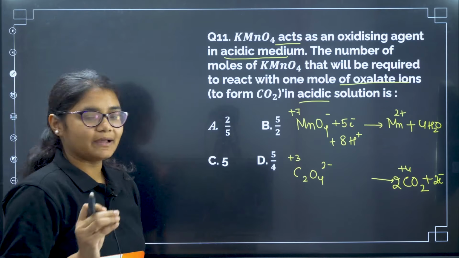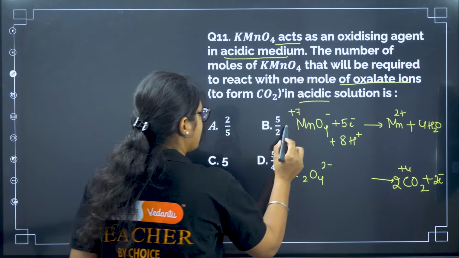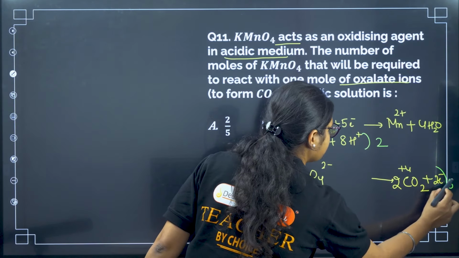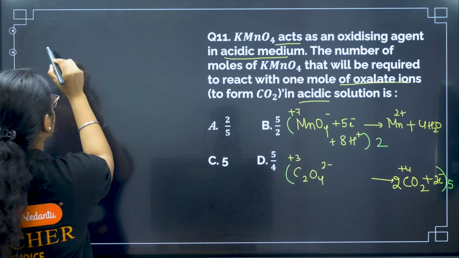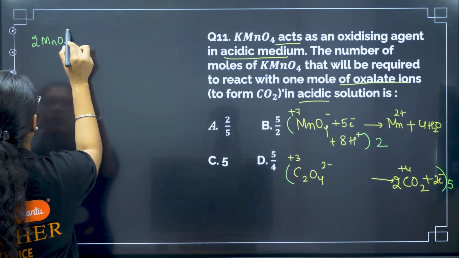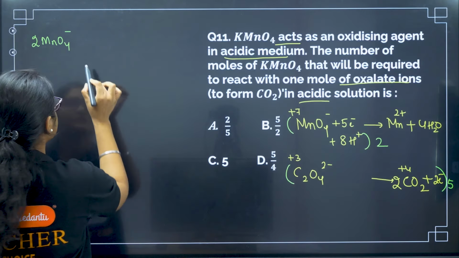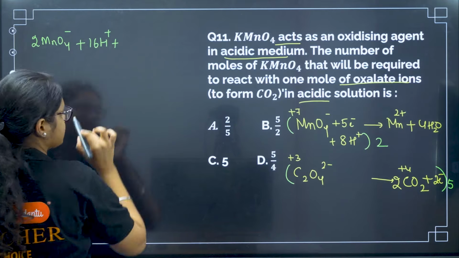Now we have to just balance the number of electrons. So I'll multiply this equation with 2 and this equation with 5, and we will add the 2 equations. After adding, I'll get 2 MnO4 minus, then the 10 electrons will get cancelled, we have 16H plus.